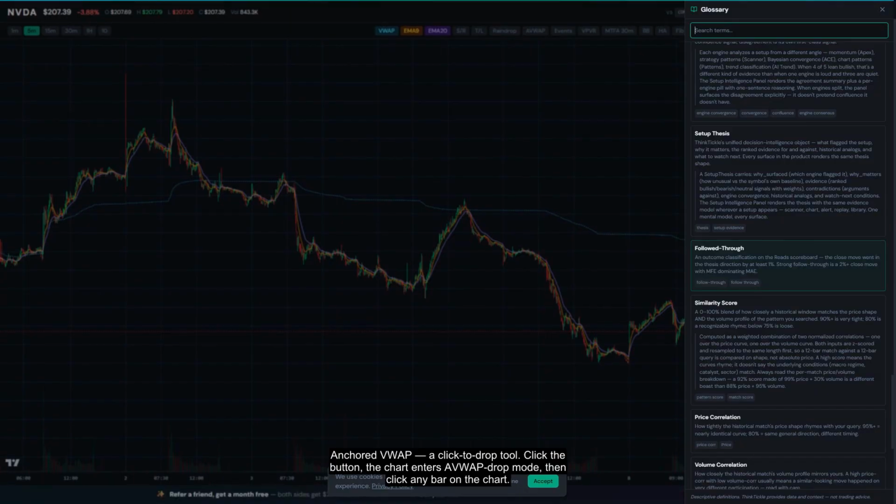Anchored VWAP, a click-to-drop tool. Click the button, the chart enters AVWAP drop mode, then click any bar on the chart.